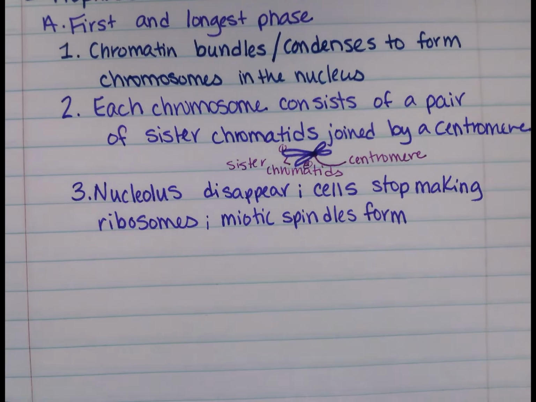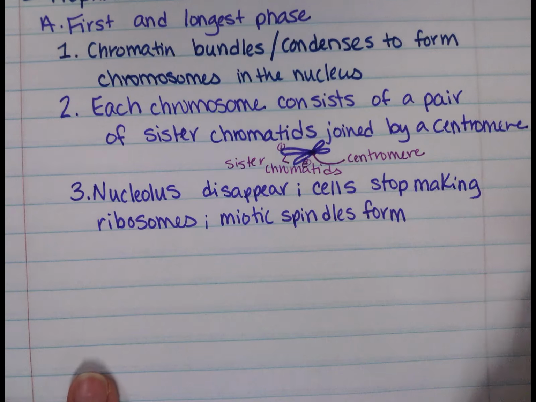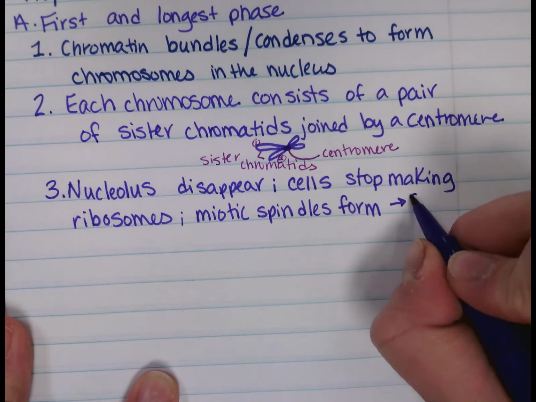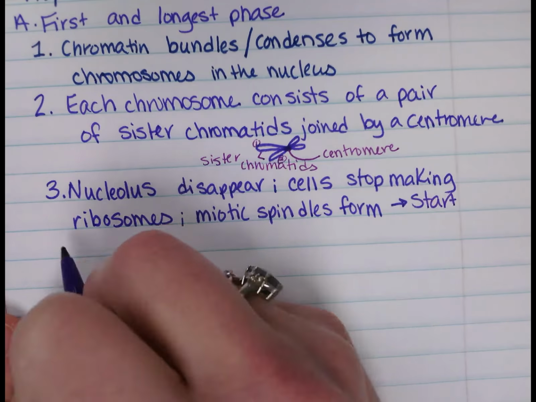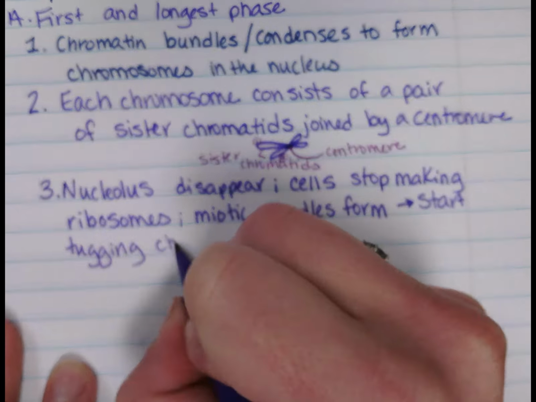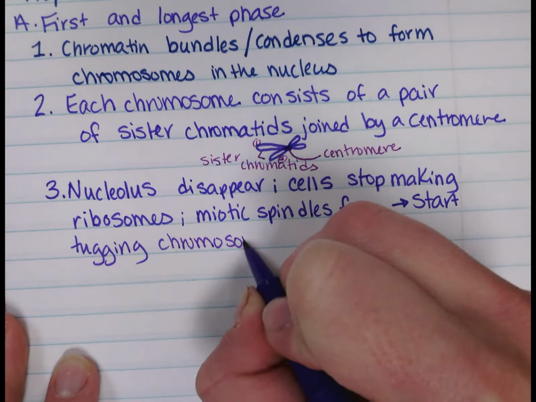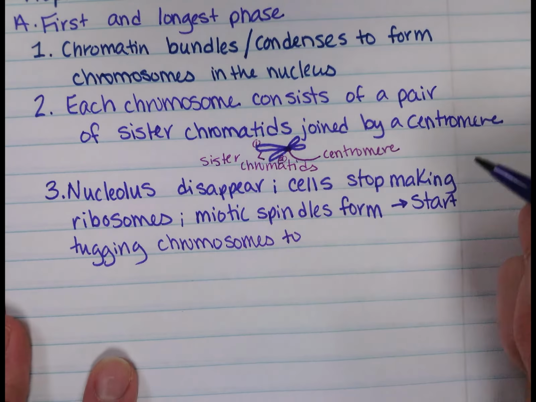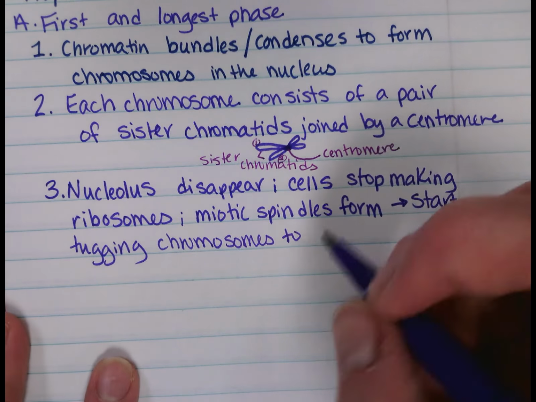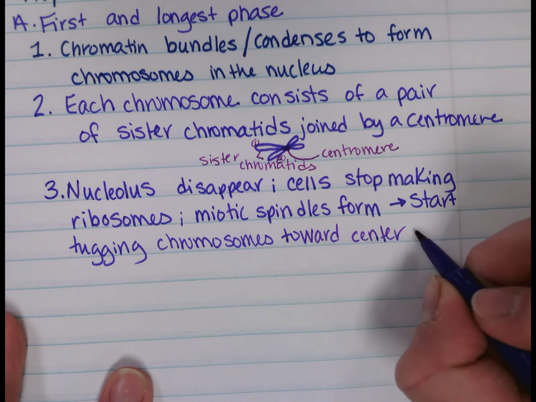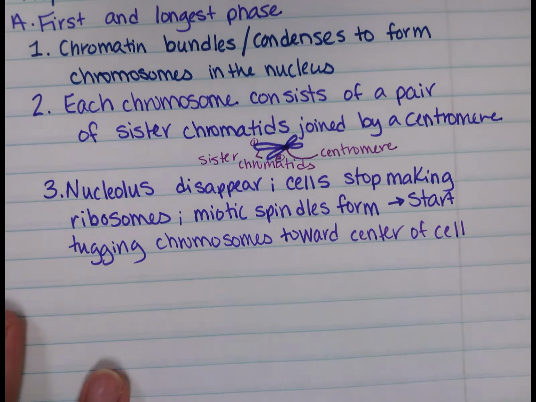I'm just going to readjust real quick. So the meiotic spindles form, and those little guys are going to start tugging, pulling, however you want to say it, start tugging chromosomes toward the center of the cell.